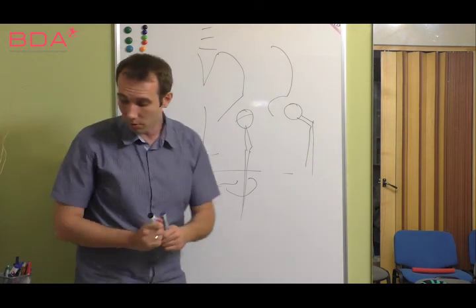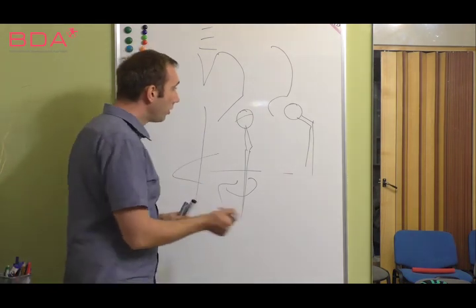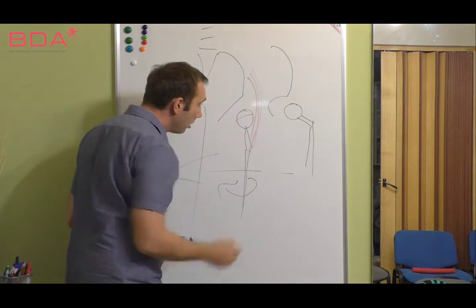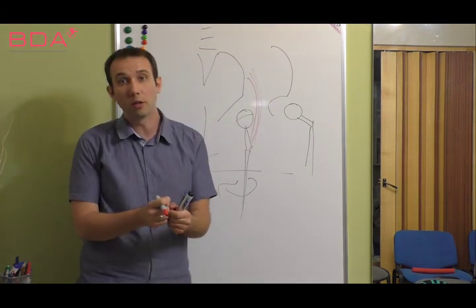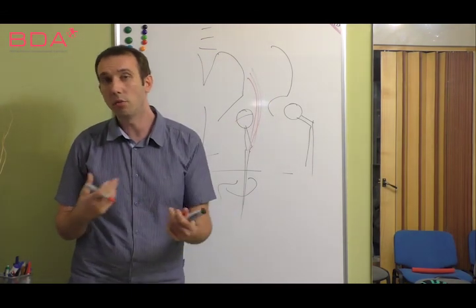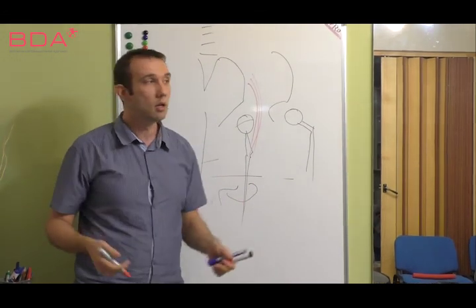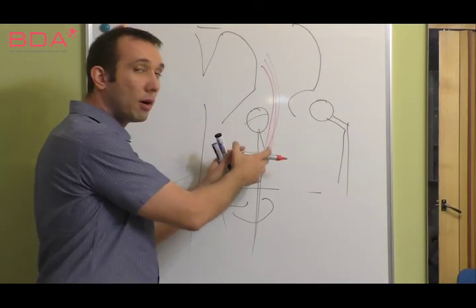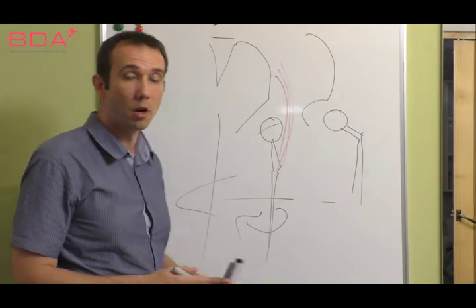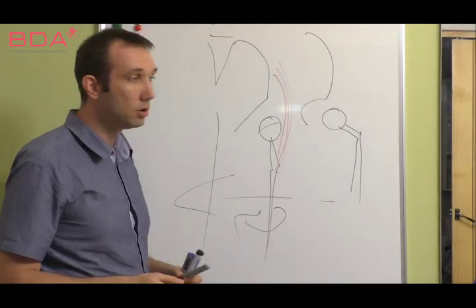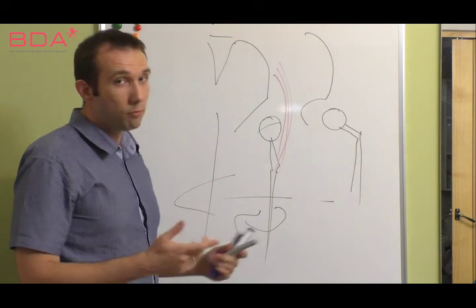And that structure means that all the connections, the lateral connections here, are under stretch, let's put it like that. And this main stretch or daily position is disrupting the stability of the hip. Now when you don't have stability of the hip, you have movement.